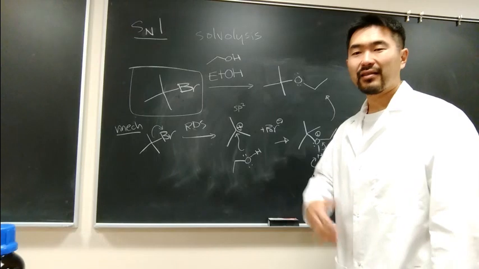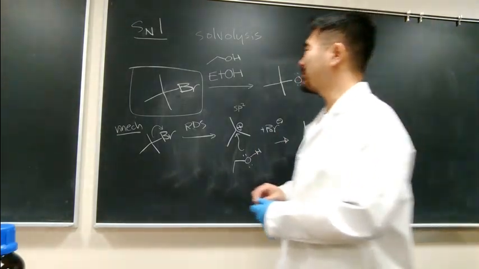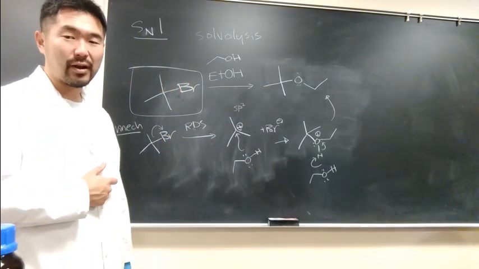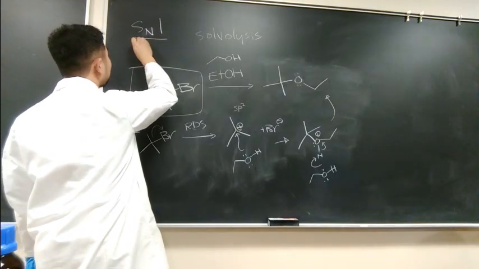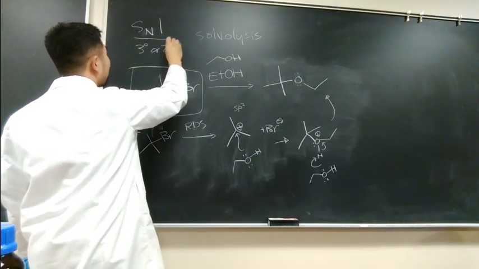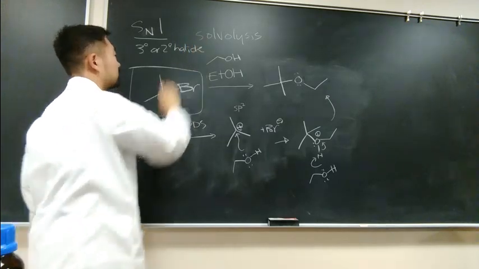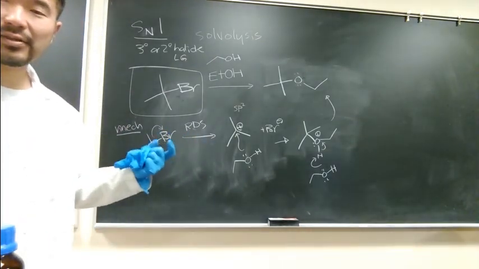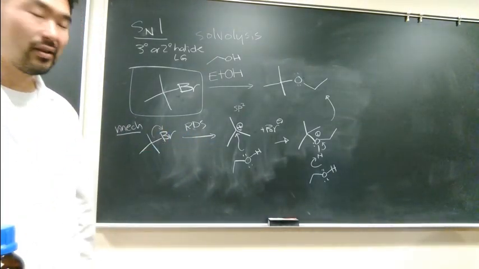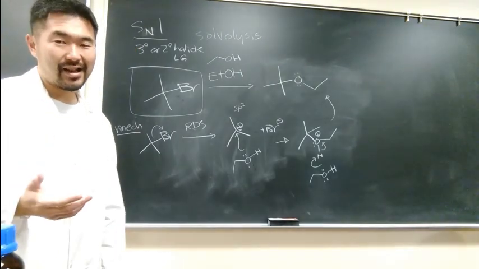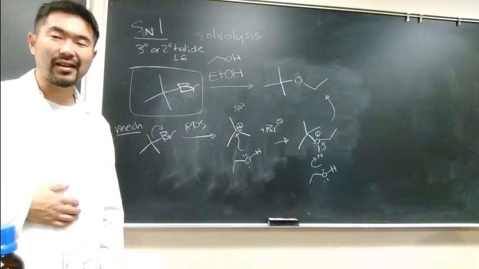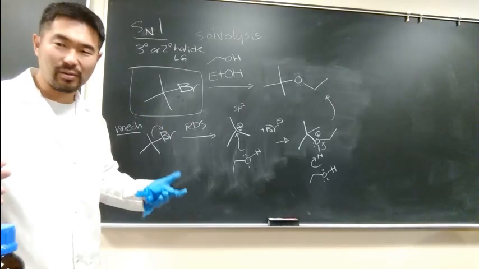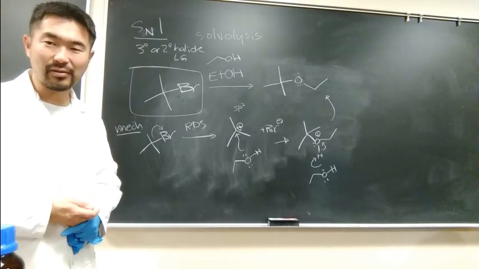And so for that reason, only something like a tertiary or sometimes maybe even a secondary halide could undergo SN1 reaction. Really, for SN1 it has to be either a tertiary or secondary halide, or some sort of leaving group. It has to be a tertiary or secondary substrate, or this reaction does not work. Now, either in the lab or in the lecture, you might see that there are sometimes primary examples of SN1 reaction, and those cases are the exception to the rule.